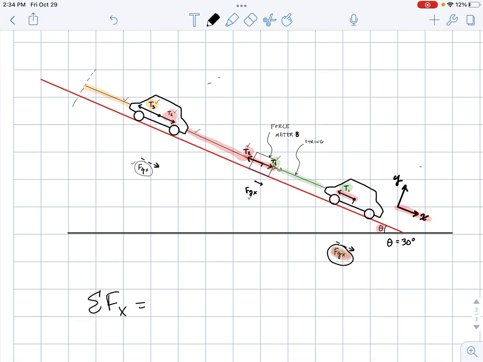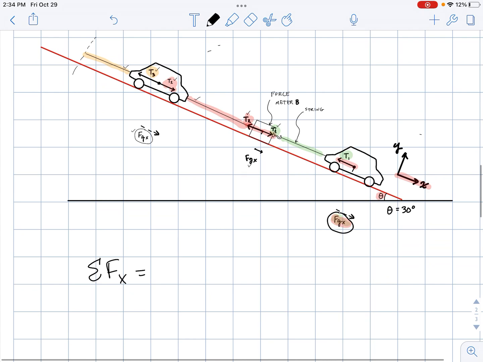Now, if we do the math, summing all the forces on this system, right? We're treating all these objects as a system, which means treat them all together as one object.